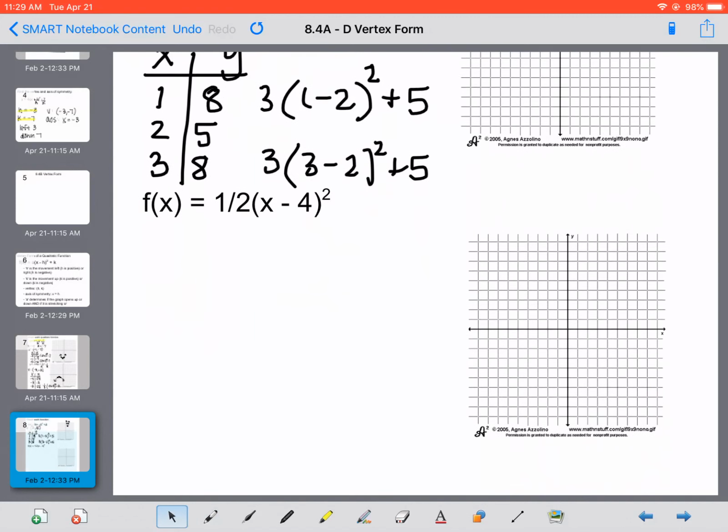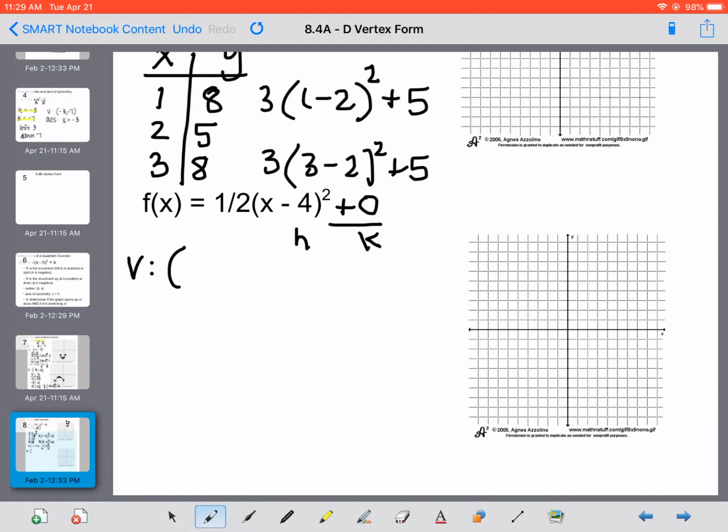And our last problem here. So notice we have nothing over here at the end, which means I can just add a plus 0. So here is my h and here is my k. So my vertex is going to be at a positive 4 because it's opposite of what I see, and 0.